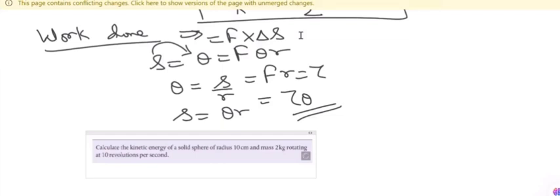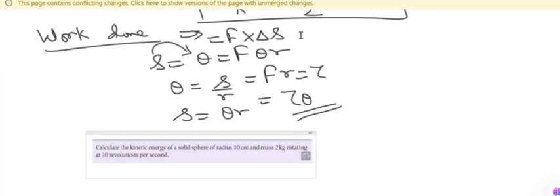So kinetic energy is half I omega square. Apply it over there. I'm getting 0.789 something. Is that right? 0.79 you are saying, no?